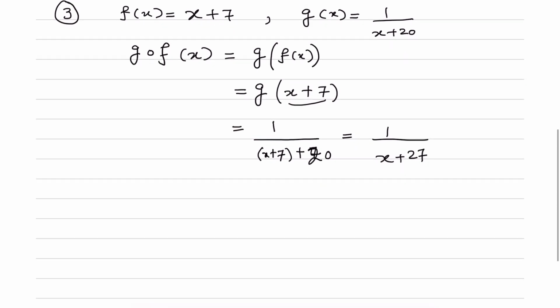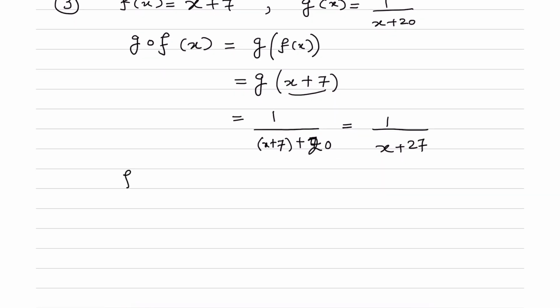We can try f ∘ g as well. ∘ is changed into parenthesis. Let's put the inside function first, which is g of x, defined as 1 over x plus 20.